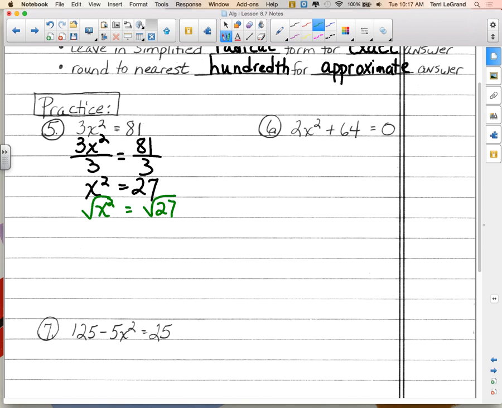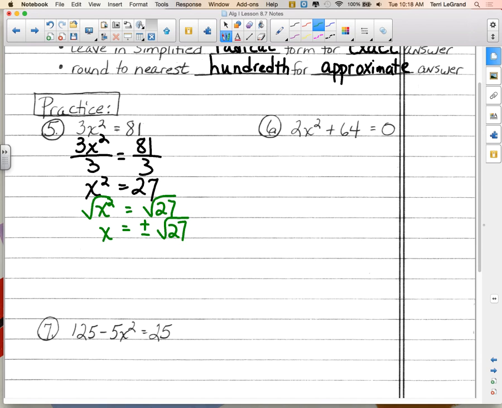And since 27 is not a perfect square, to give the exact answer, what we would have to do is say, I got the square root of 27, it's not a nice answer. But this is not simplified. Anytime that number underneath the radical sign, the radicand it's called, is not a perfect square, you have to make sure it doesn't have any perfect square numbers that go into it.